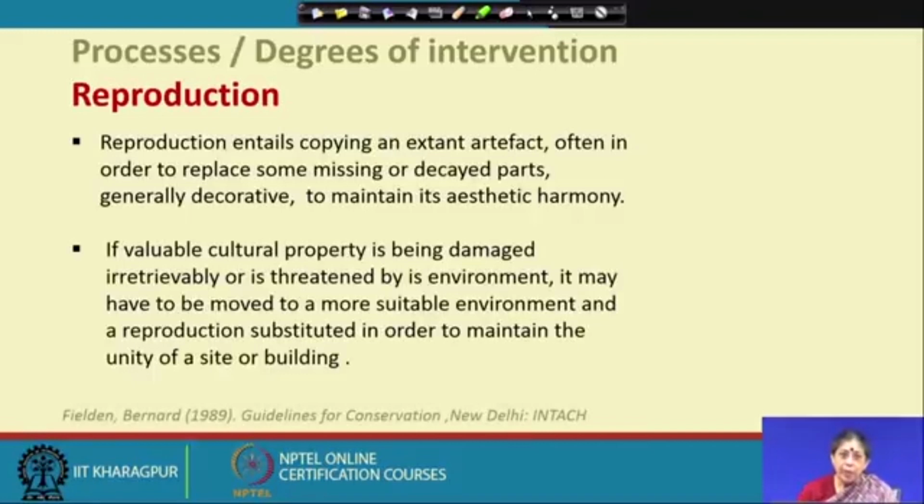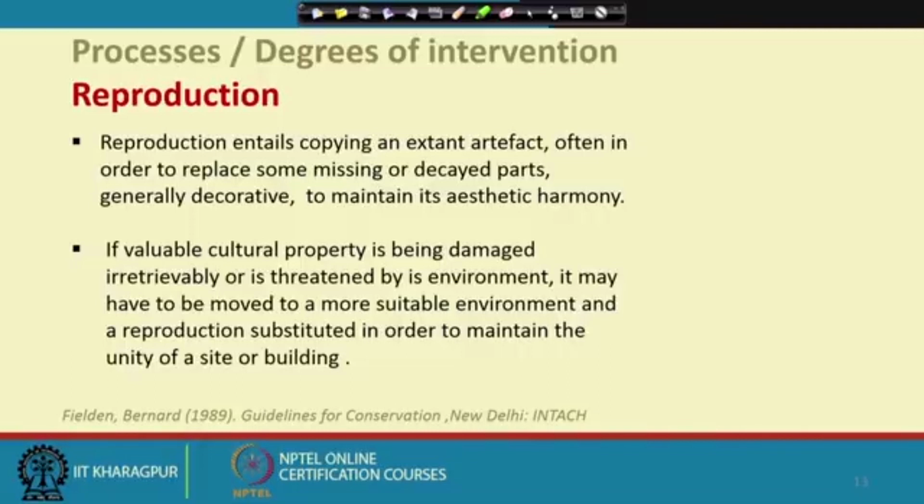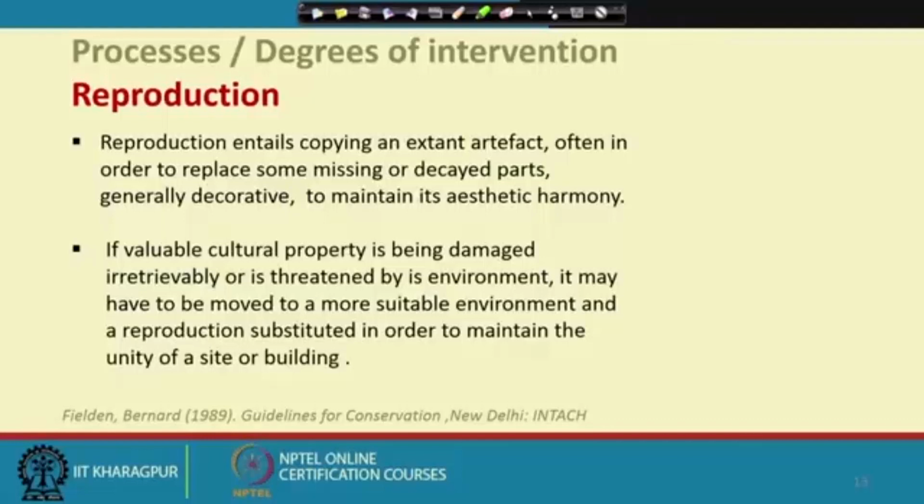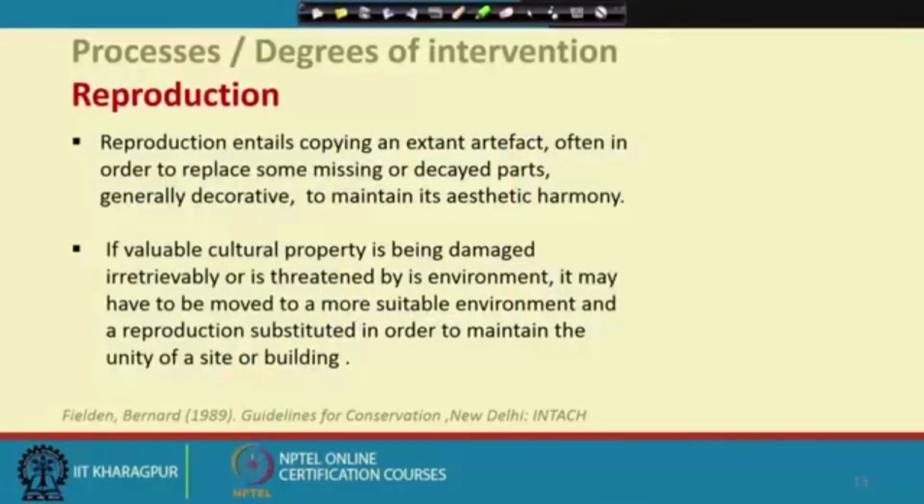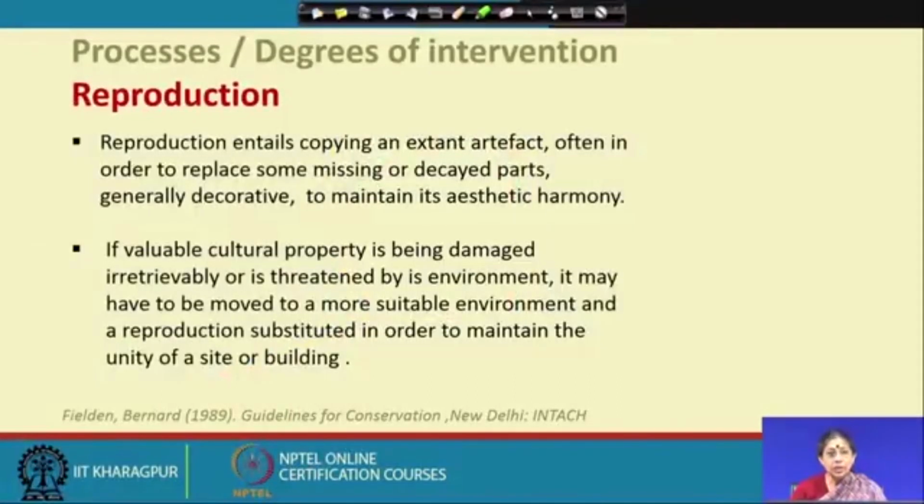Now, why and when does this reproduction happen? If valuable cultural property is being damaged irretrievably or is threatened by its environment, that means it cannot be brought back or repaired to the original condition, it may have to be moved to a more suitable environment, and a reproduction substituted in order to maintain the unity of the site or building.